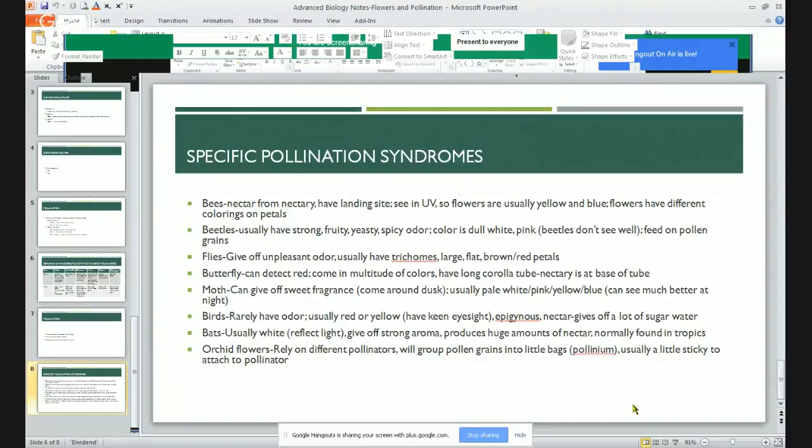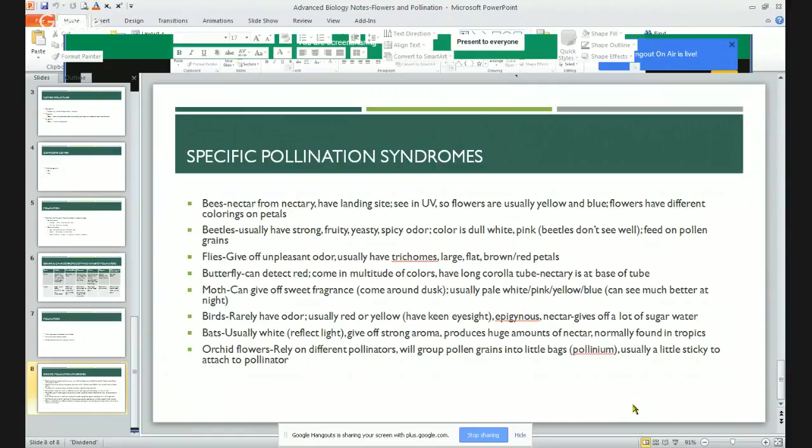Bats, like with the moths, those flowers are going to need to be lighter in color because bats are primarily active at night, so they need to be light or a very pale color. They don't see particularly well, so they also give off a fairly strong aroma.